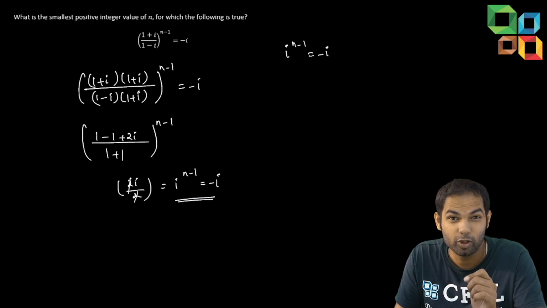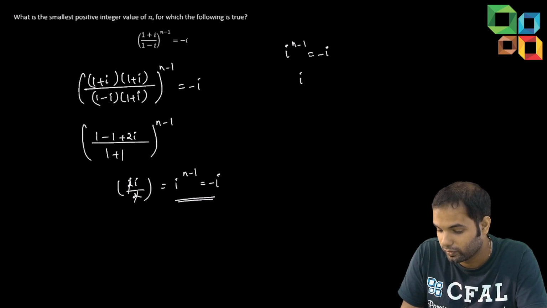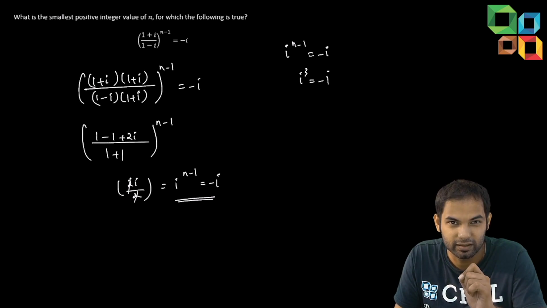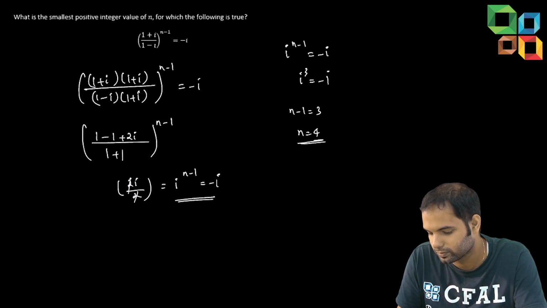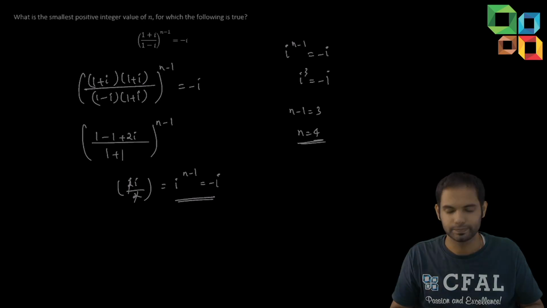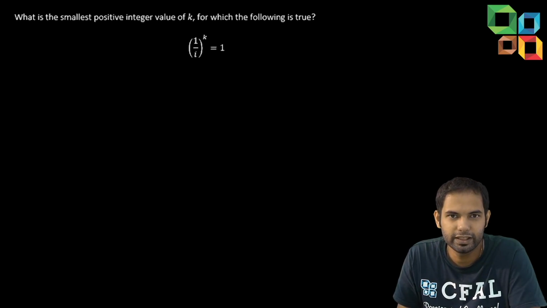Now, the smallest positive number n is asked. What is the value when we get minus i? It's i cube. This is the first value which we get. So n minus 1 should be equal to 3, or n should be equal to 4. Right? What is the smallest positive integer value of k for which this is true?